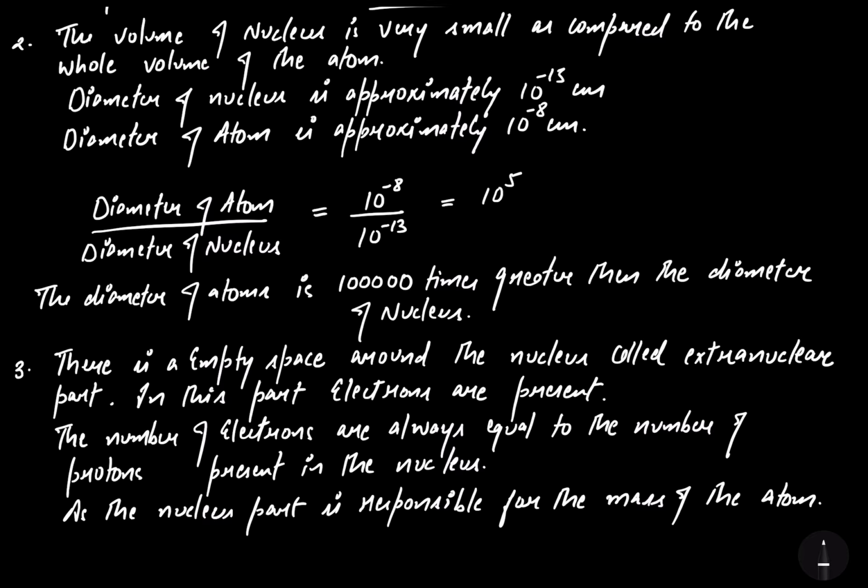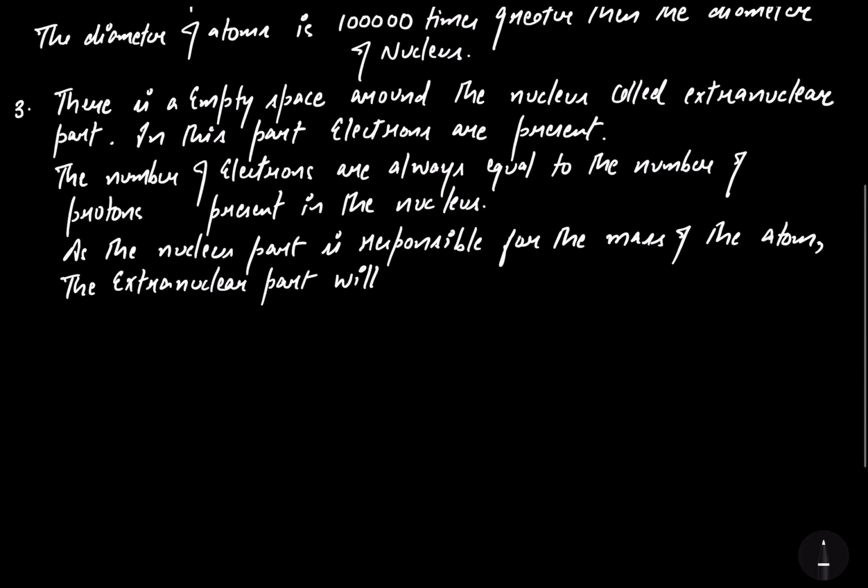The extranuclear part is responsible for its volume. The part which is present around the nucleus will be responsible for the volume of the atom.